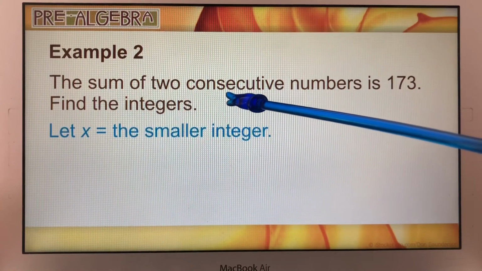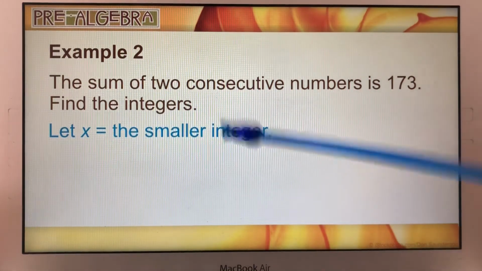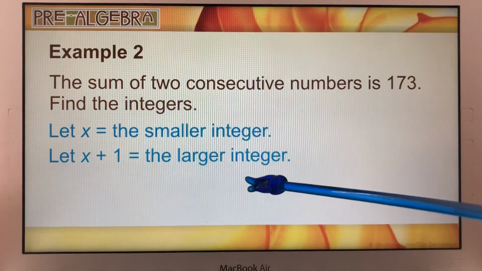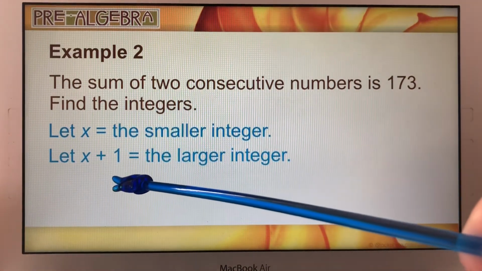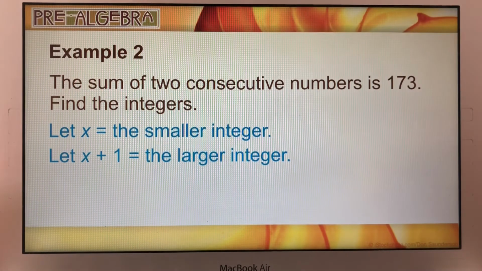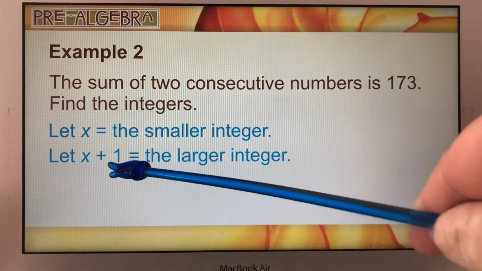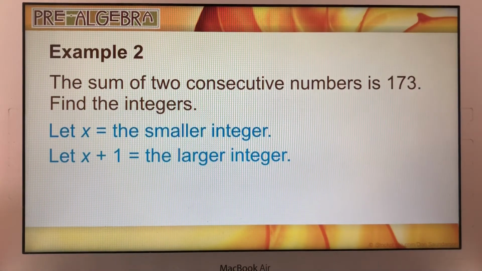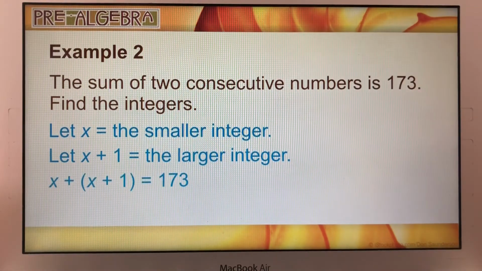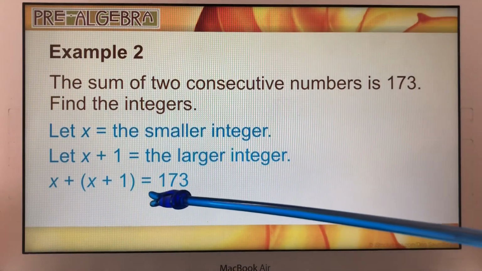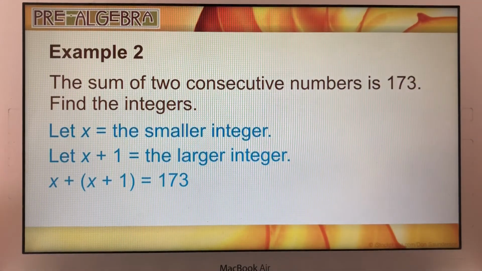Okay, x is the smaller integer, and then the larger integer is going to be one more than that, x plus 1. Then it says the sum of these two integers is 173. So I have x plus x plus 1 is equal to 173.